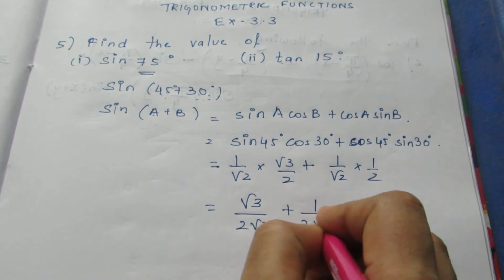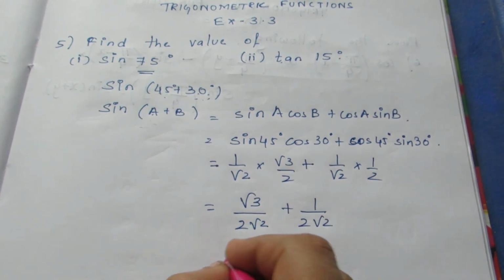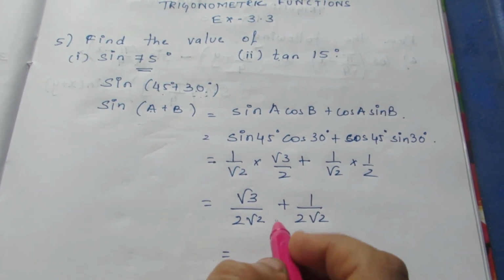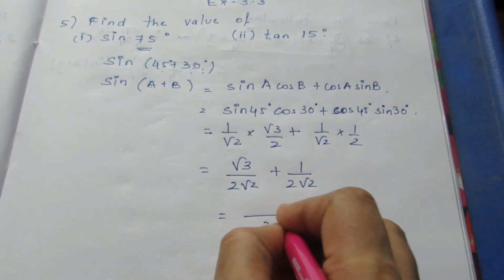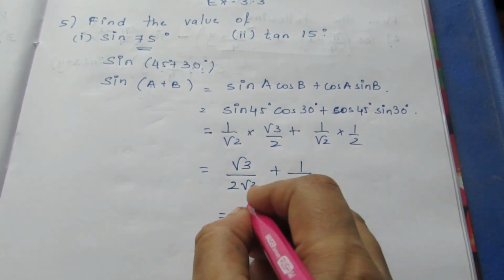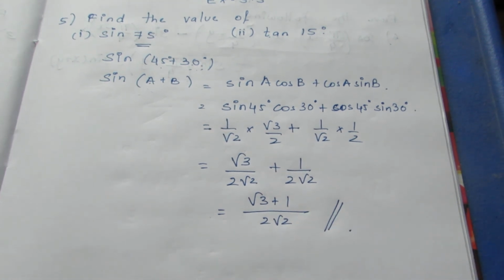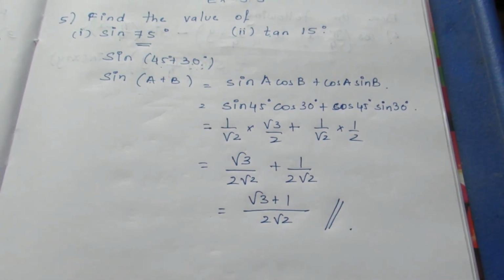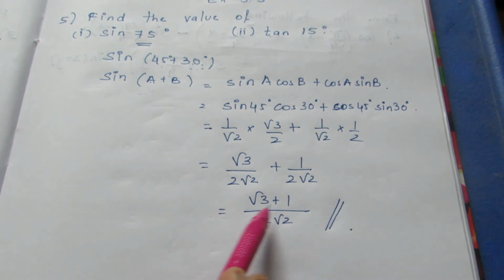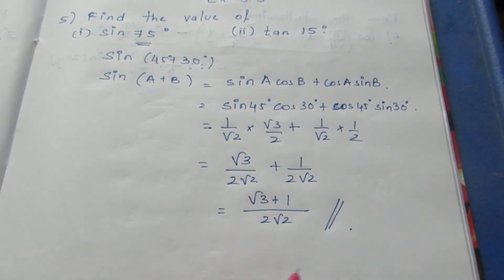We get 1 by 2 root 2. Since the denominator is the same, I write the denominator once. Root 3 plus 1 over 2 root 2. This is the final answer for the first sum. We can't solve further. We can conjugate, but it is not necessary for these trigonometric values. We can leave it as it is.